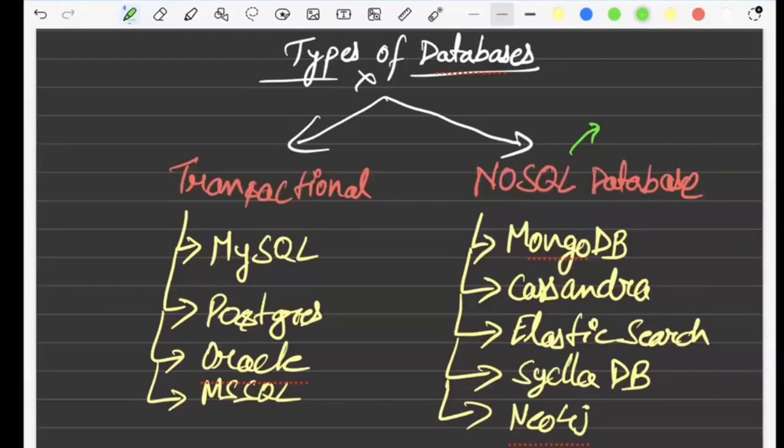So NoSQL databases can do that, and hence they can be a good fit for any large scale big data use case. Apart from that, they are distributed, because when you talk about big data, parallel computing becomes the most important part, right? So these databases support that.